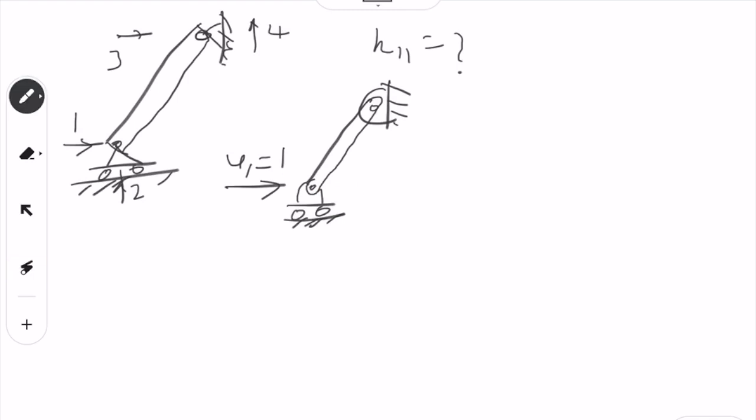So our K11 equal to what? We have to find out. So let's do it. If you move by 1, then what happens? So originally you had like this, okay, and then from here you are coming here.